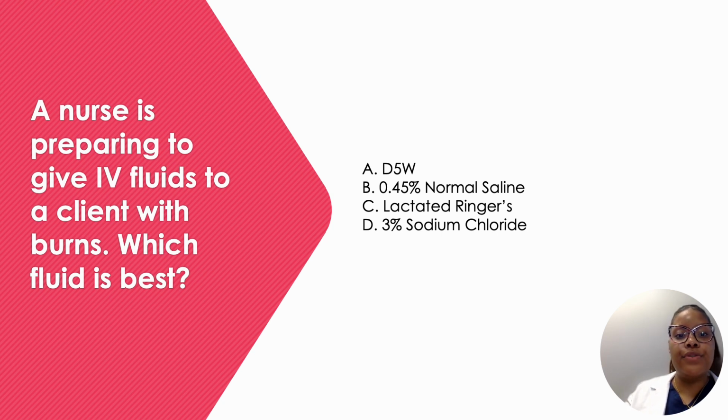So if you chose C, LR, then you are correct. So remember, lactated ringers is an isotonic solution. Isotonic solutions stay wherever you place them, which is in your intravascular area. So that will restore their intravascular volume and correct any type of imbalances that you have.